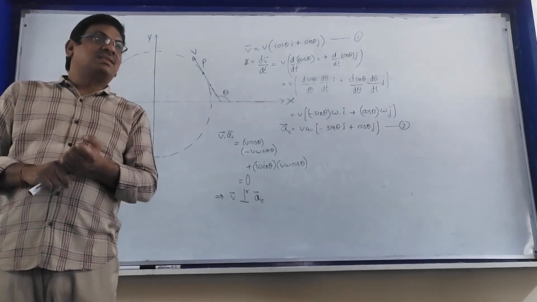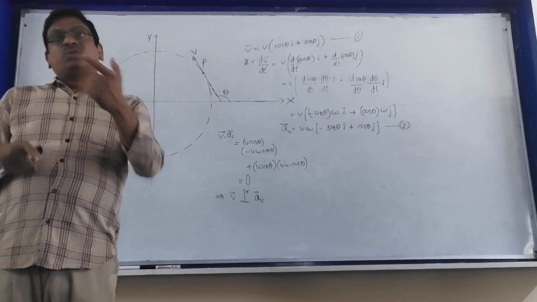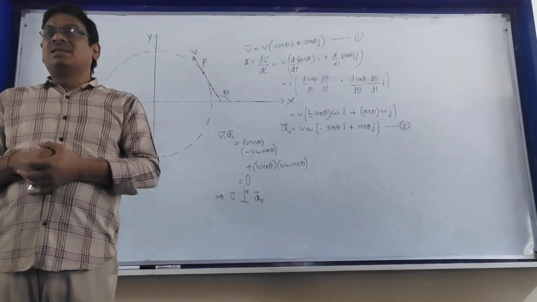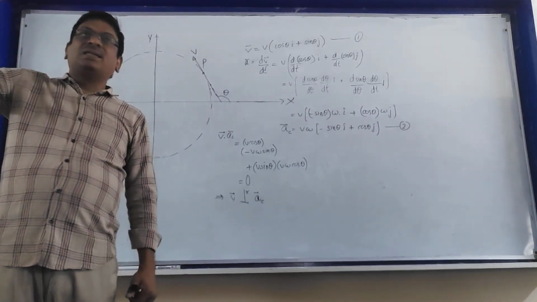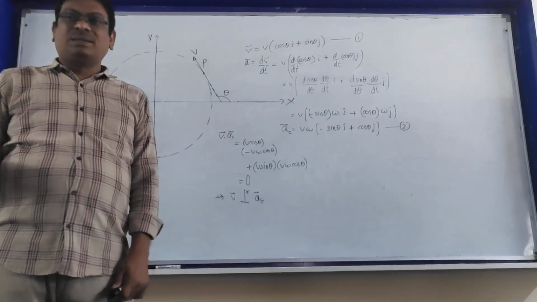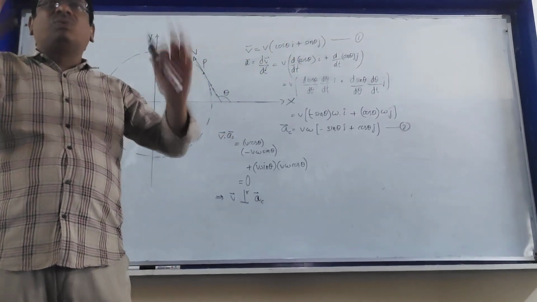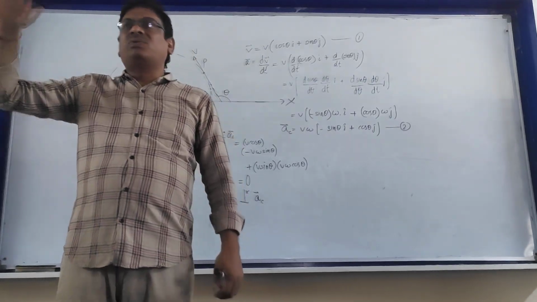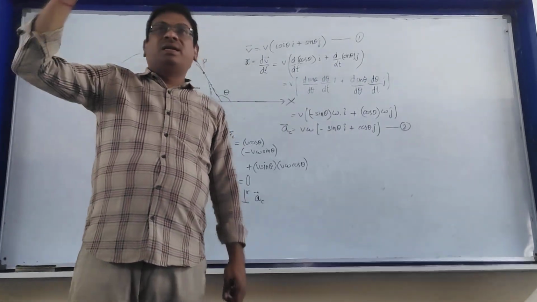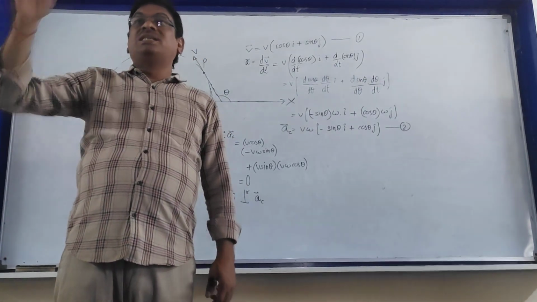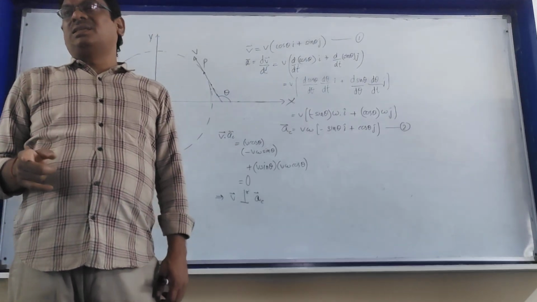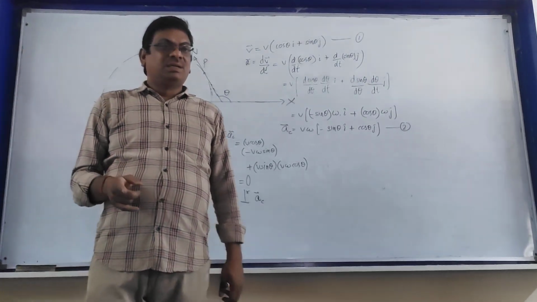A circle has a center. Radial means towards the radius. A circle has a radius. But suppose in general a particle is going along a curvilinear path, meaning a curved path of irregular shape. We don't know the shape. Then the general term used is normal acceleration. Is it clear?